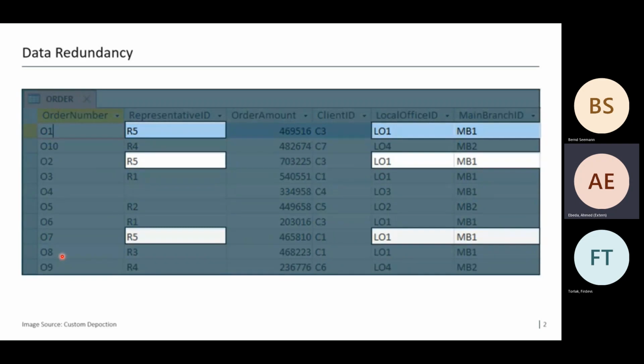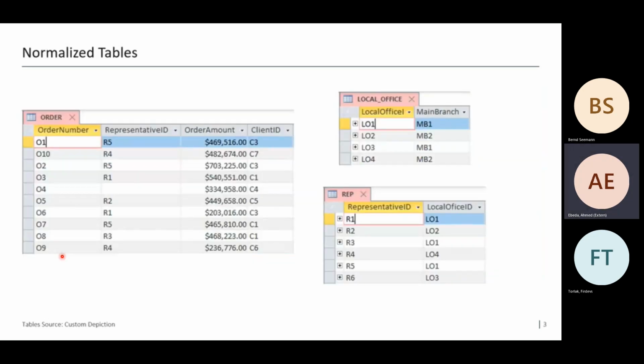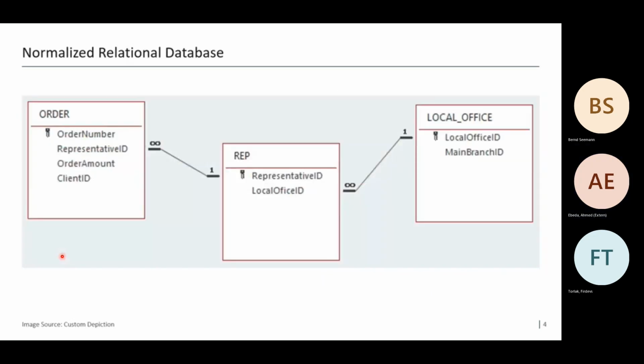The same data is repeated in several rows. In order to eliminate the anomalies caused by data redundancy, the table is broken into more than one table, and the relationships among the tables are created by inserting the primary keys of parent tables into children tables.